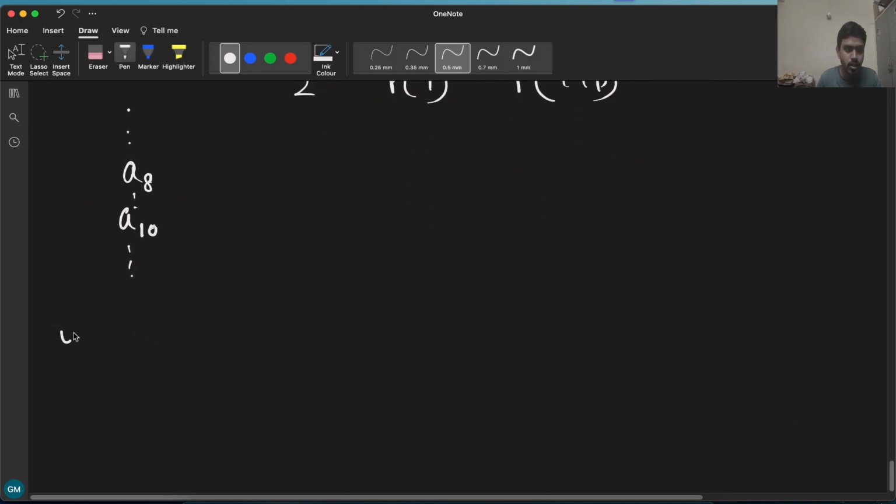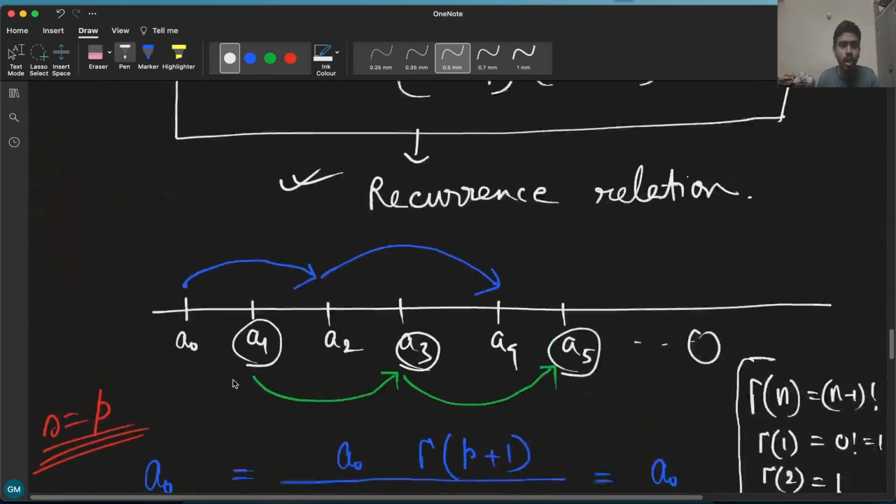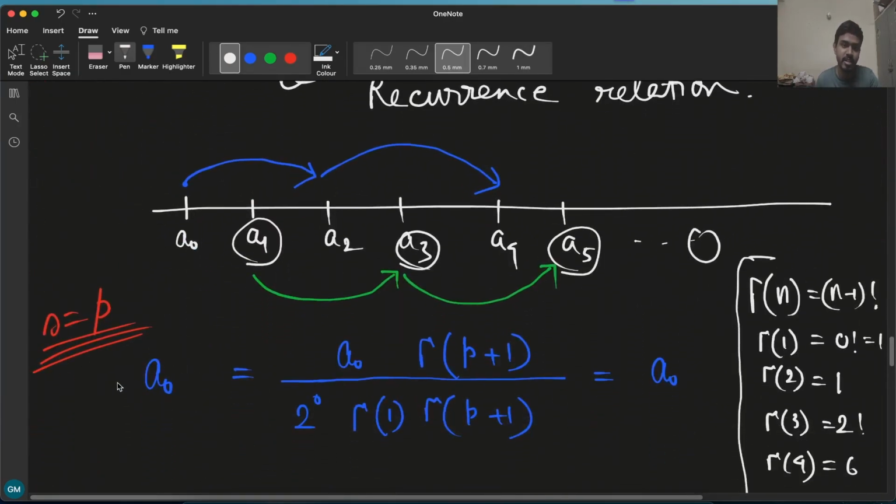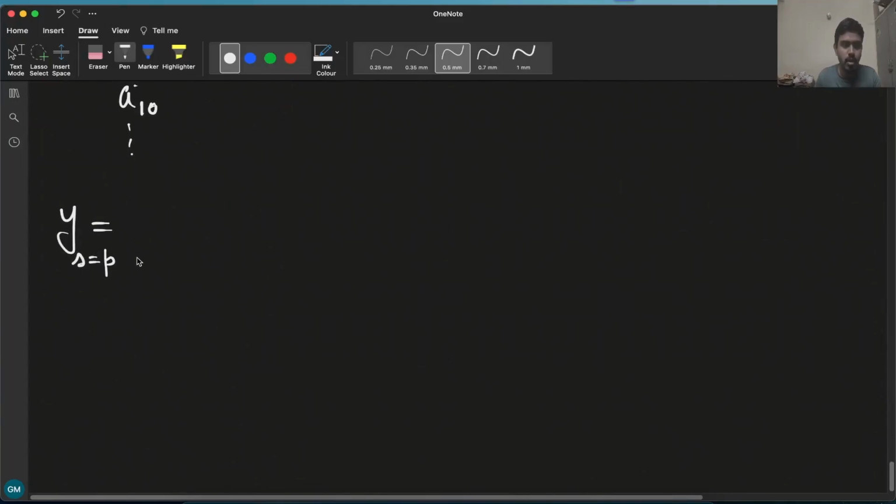Now if I write the solution y for s equals p, so we are not writing the solution for s equals minus p yet, in that case the solution will be the sum over n equals 0 to infinity of an x to the power n plus s, and s equals p, so it will be n plus p. Now I can take this x to the power p outside of this summation, because it will be present in all the terms.